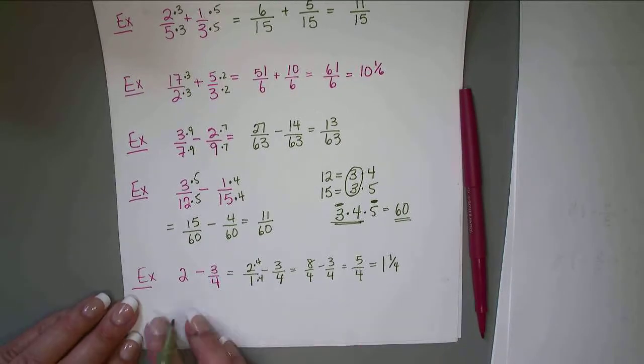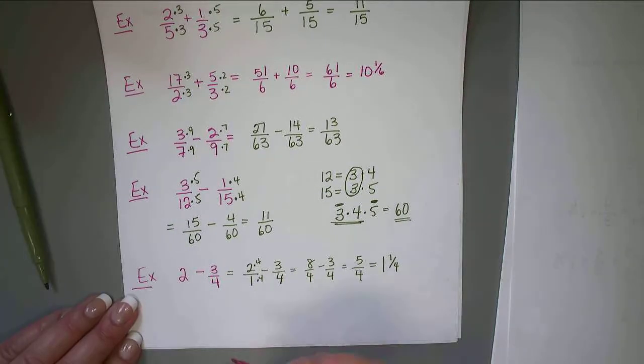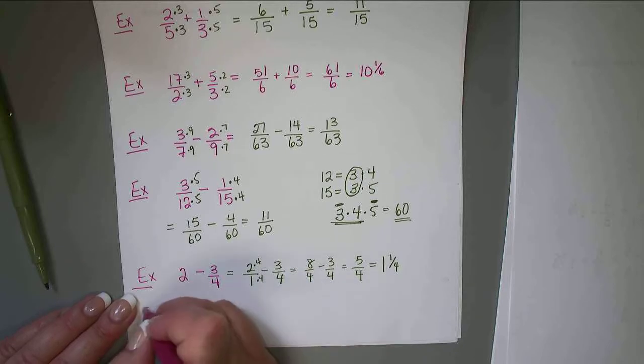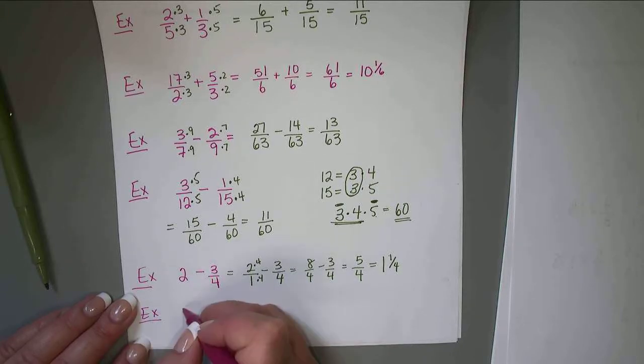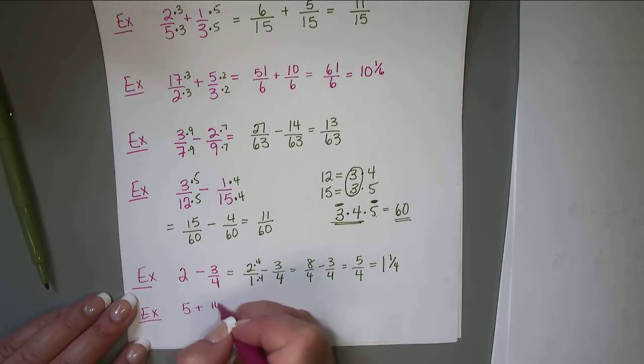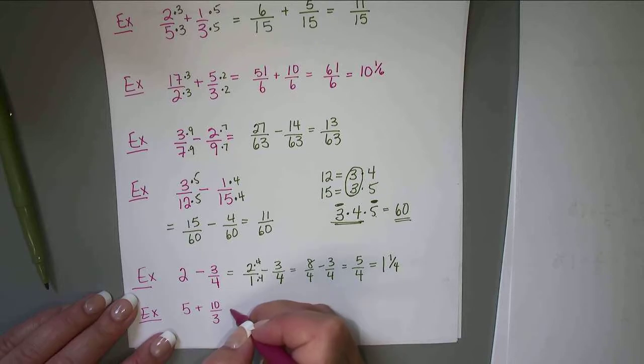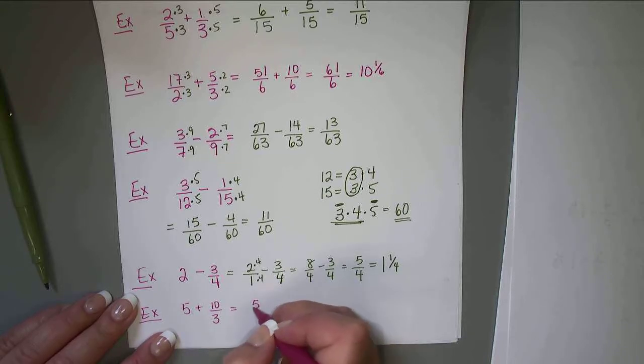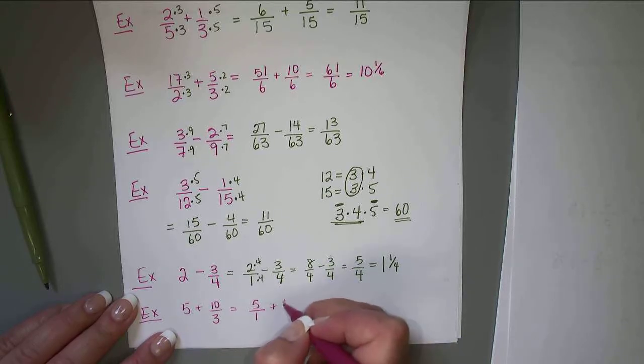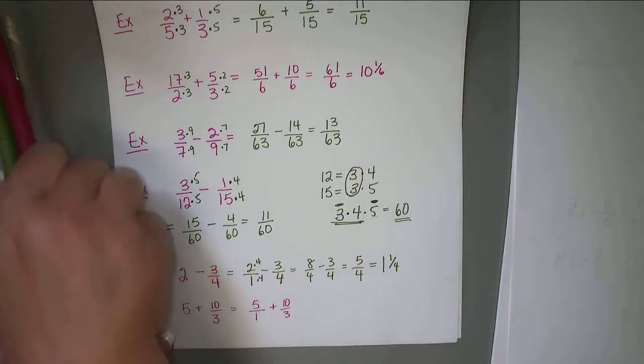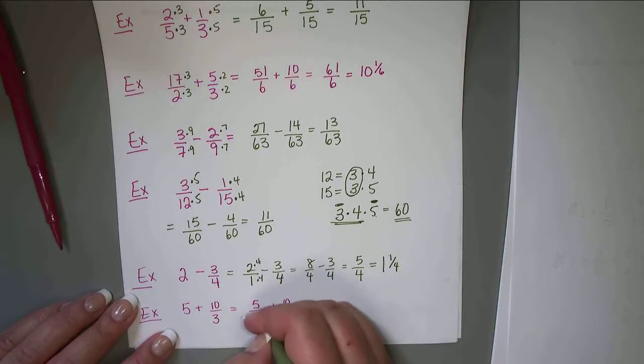Okay, we'll do an adding one similar to this. 5 plus 10 over 3. So you would write 5 over 1 plus 10 over 3. And again, we only need to multiply 1 to get the common denominator, 3.